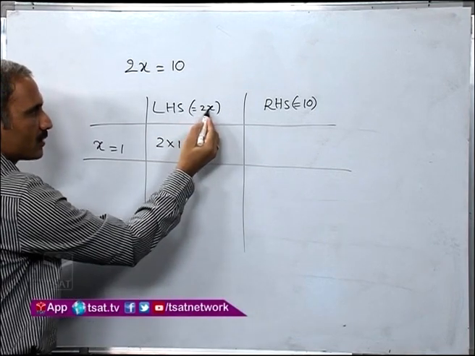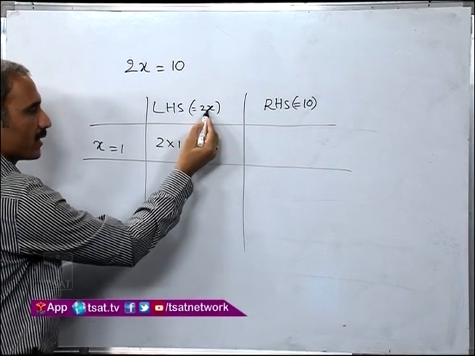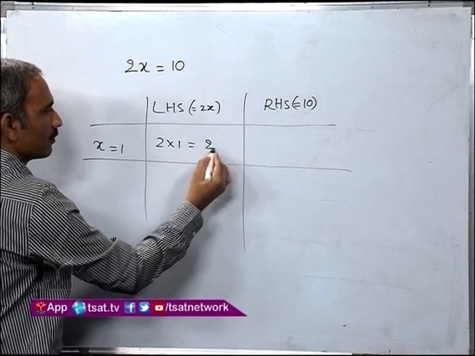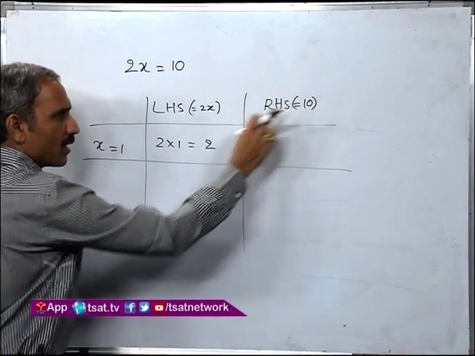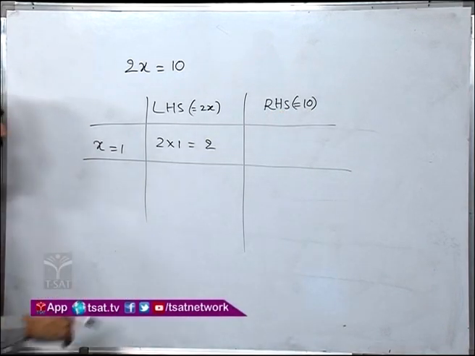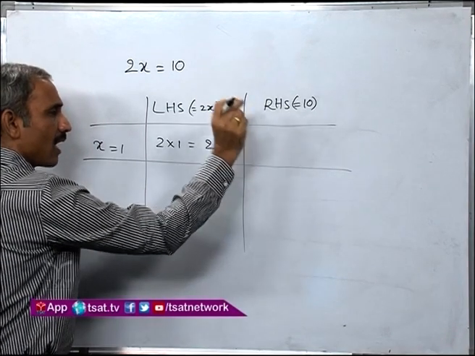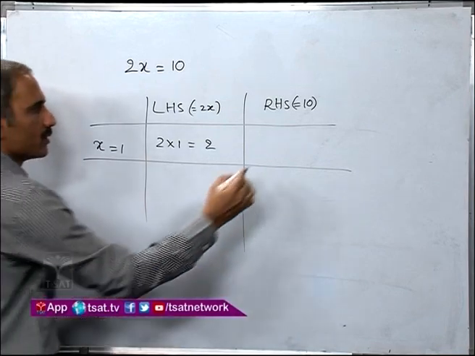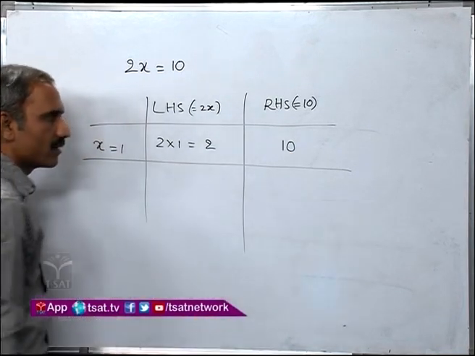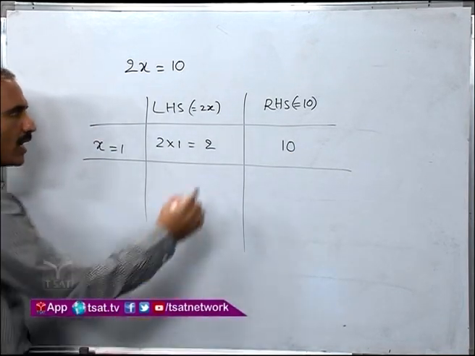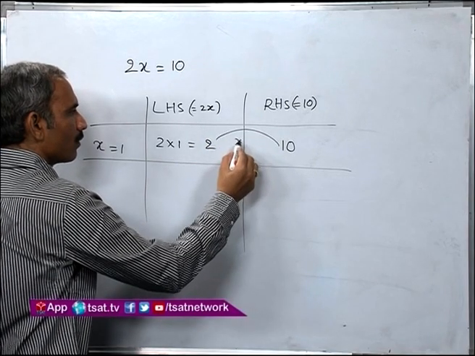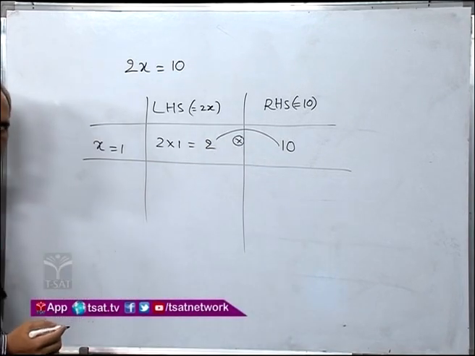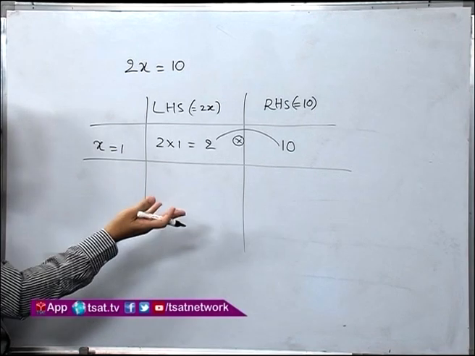If there is no sign, it is a multiplication product, that is equal to 2. Are there any variables here? No. That means this RHS will not depend on the variable. It is independent of the variable. So, it is always a constant 10. Now, tell me, are they equal? No, they are not equal. That means the statement is not true.